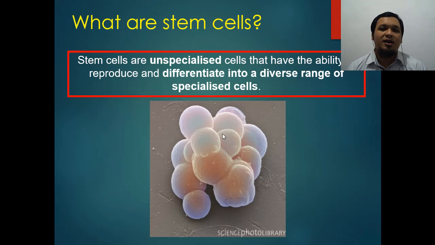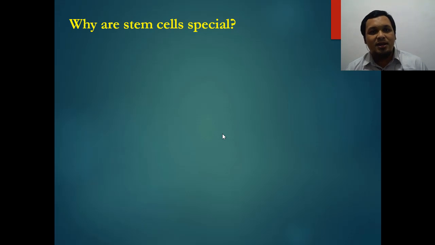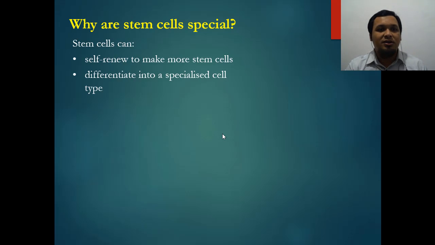Stem cells are unspecialized cells that have the ability to reproduce and also differentiate into a diverse range of specialized cells. It means that because it's unspecialized, it can be anything in our body. It could become muscle, skin, lung, heart, and many things, as long as it's inside our body.